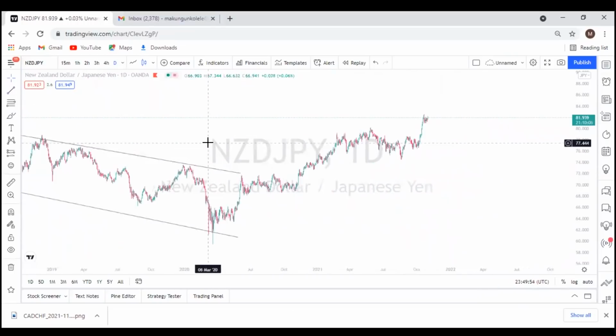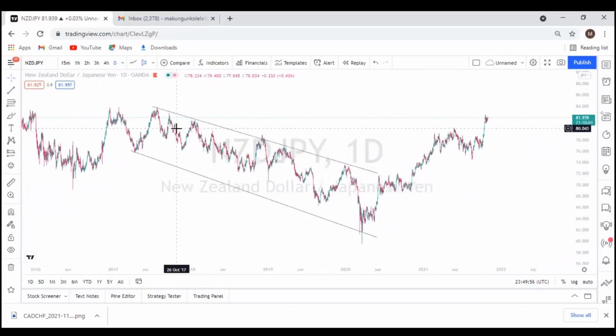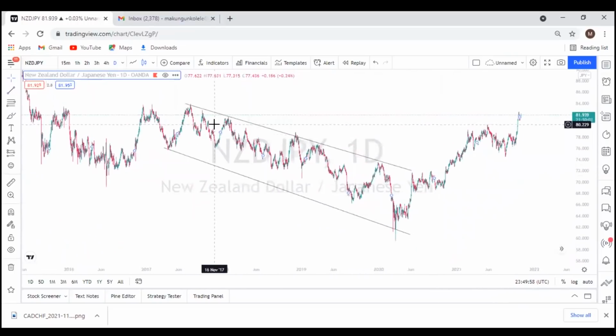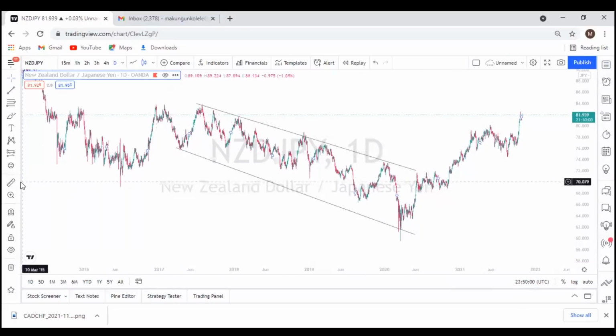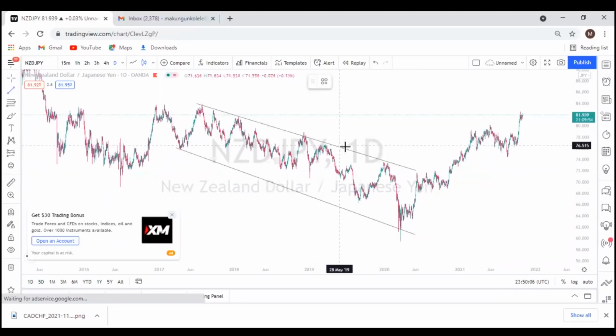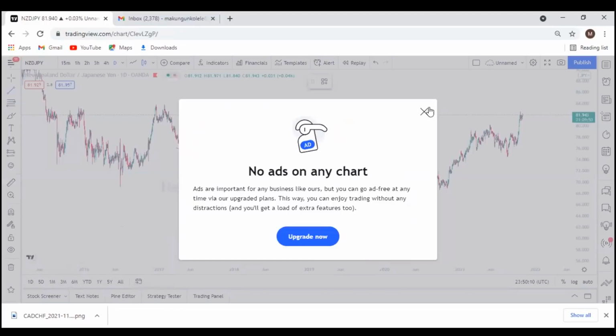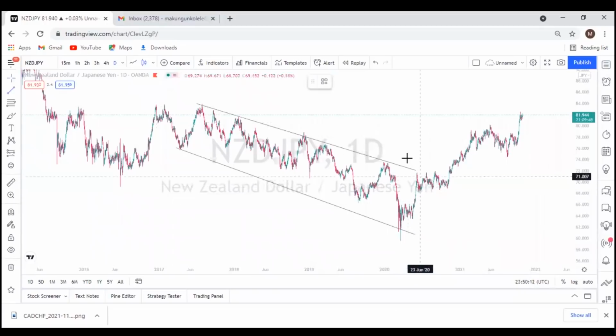descending structure, and how I can validate my structure is by how the price was moving within the structure. So let's just go to where the price broke out our descending structure, which is around these areas here.